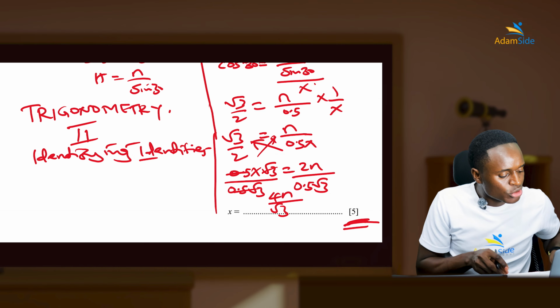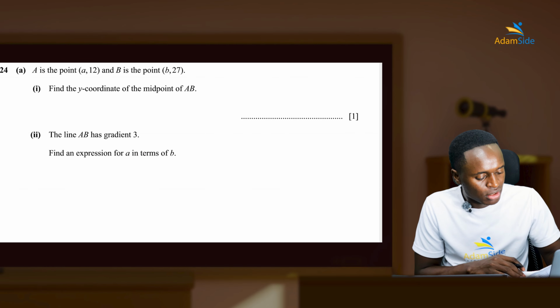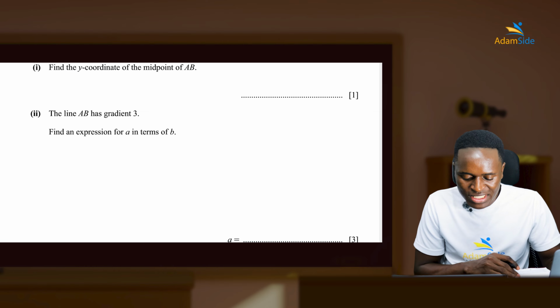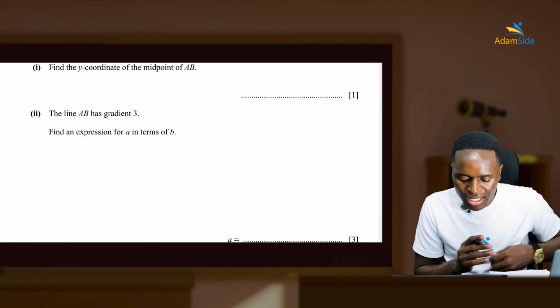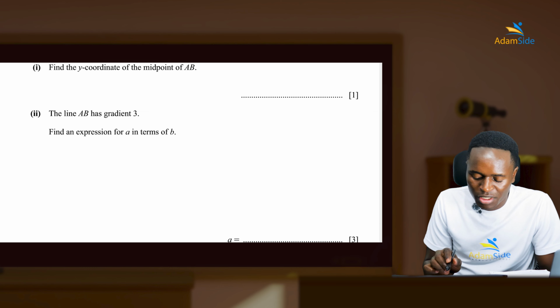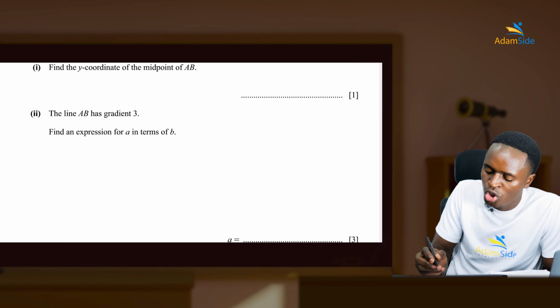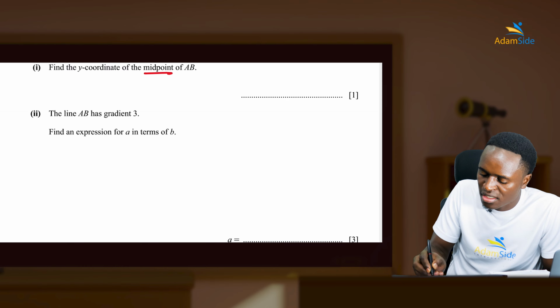Then we go to question 24, the last question of our paper. A is the point (1, 2) and B is the point (2, 7). Find the y-coordinate of the midpoint of AB. We know the midpoint formula is (x1 plus x2) divided by 2, (y1 plus y2) divided by 2.